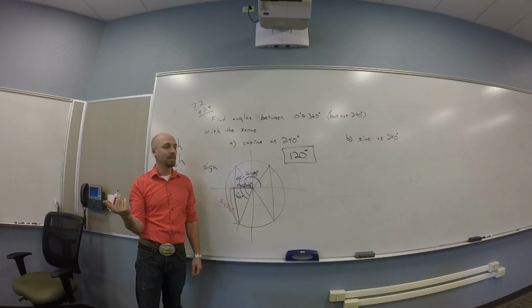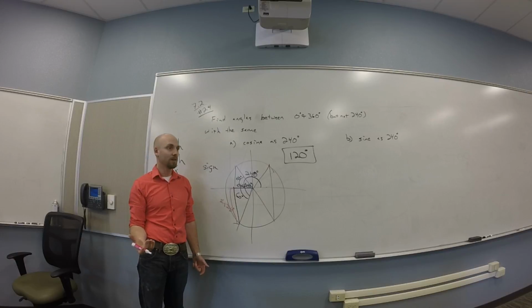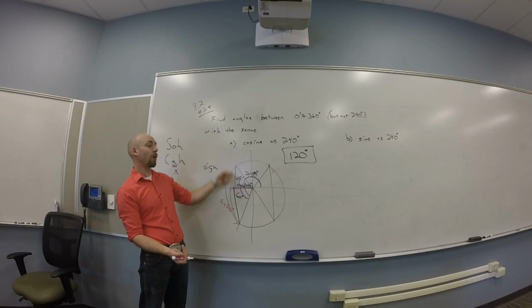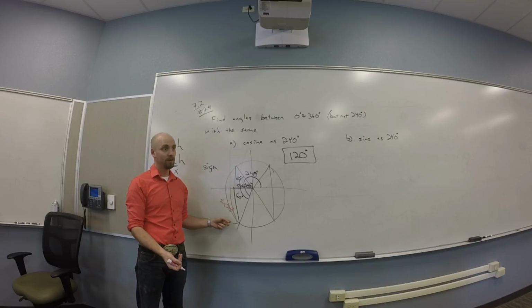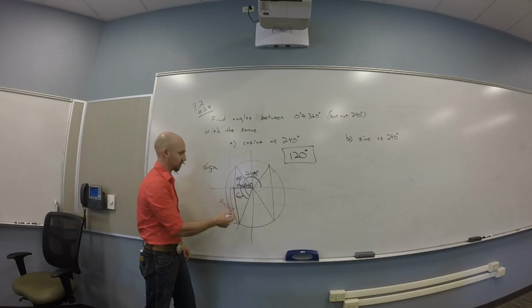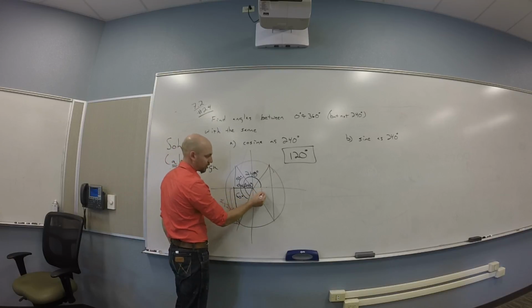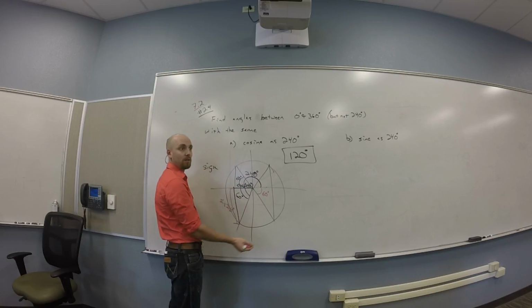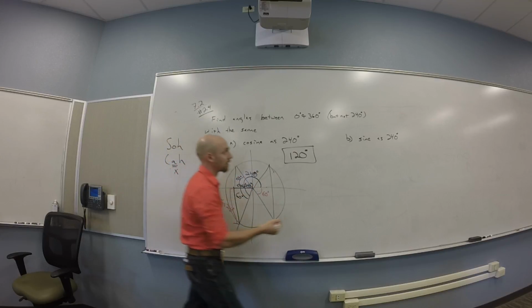If I was just interested in the same size, then 120 would work. But 120's sine is positive and this one's negative. So where's the other one with a negative? In the fourth quadrant, over here. That's when this is 60, and the angle for that is 360 minus 60, which is 300.